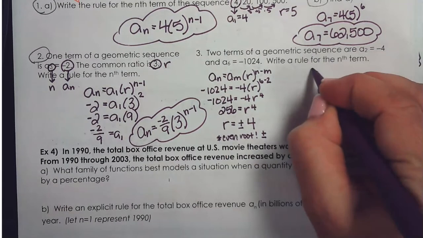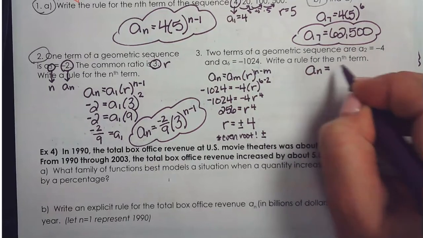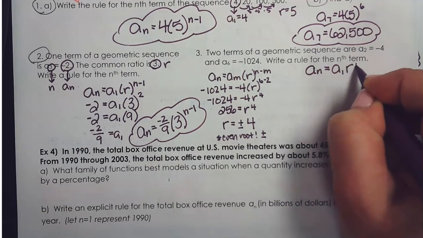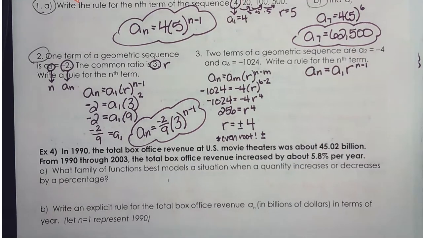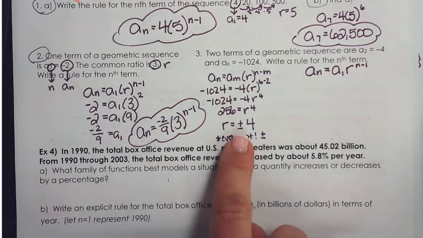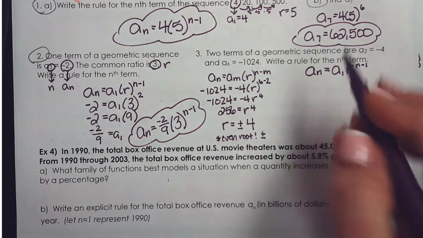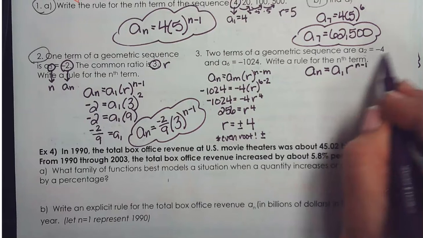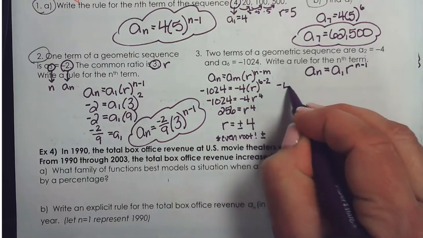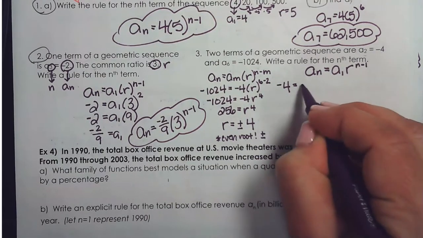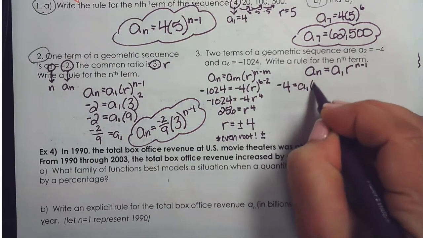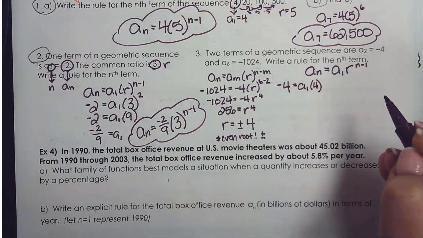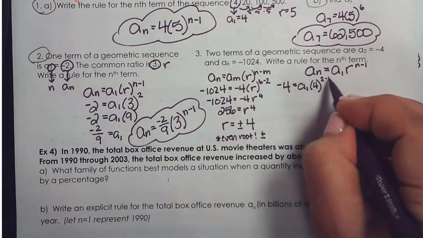So let's use this idea of a sub n equals a sub 1 times r to the n minus 1. And let's first use r equals 4. And I'm going to use the smaller one again, if that's okay. So I'm going to have negative 4 equals a sub 1 times positive 4 to the 2 minus 1.